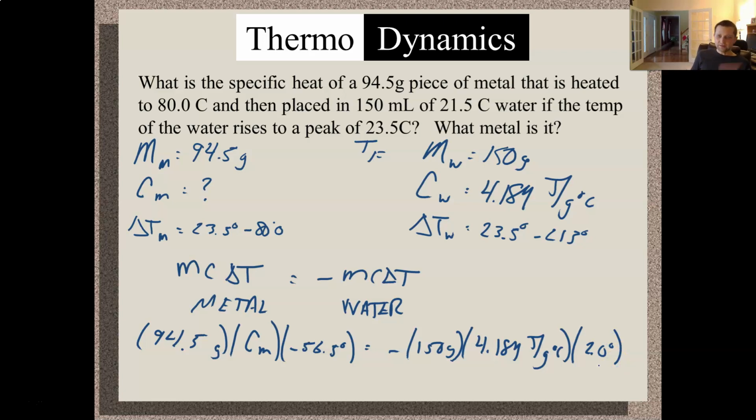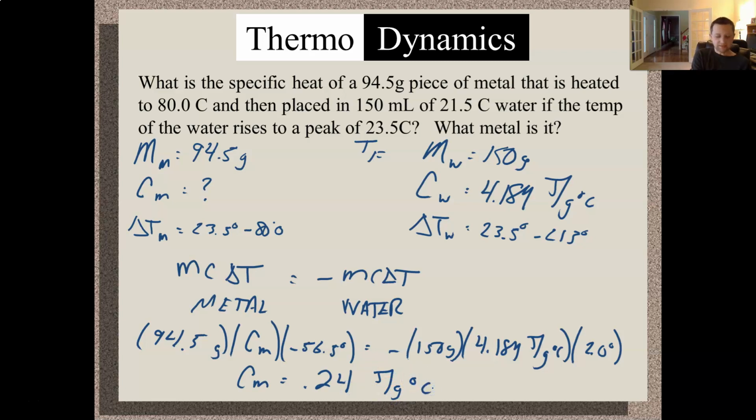You have to do some easy algebra and solve this. So divide both sides by 94.5, divide both sides by negative 56.5, and you get a C of the metal equal to 0.24 joules per gram degree Celsius.